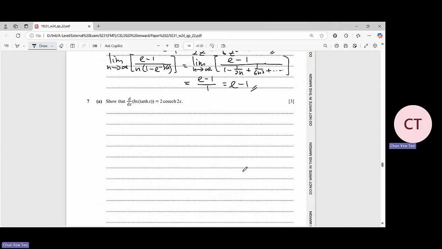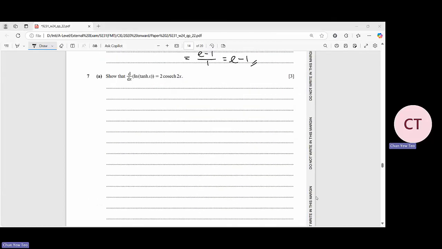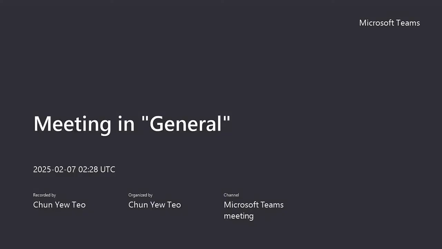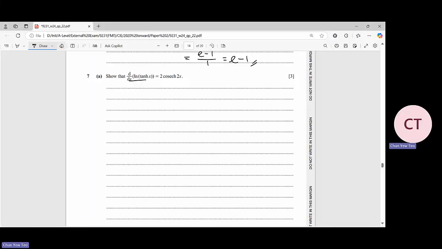And moving on, we have question number 7. Show that the derivative of ln tangent x is equal to 2 cosec 2x. For these questions, we just need to follow the formulas.